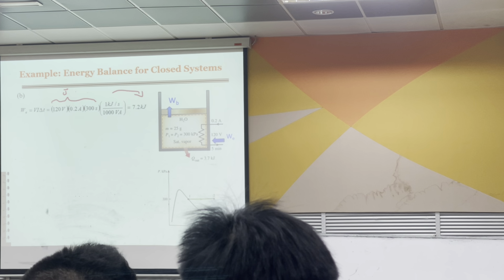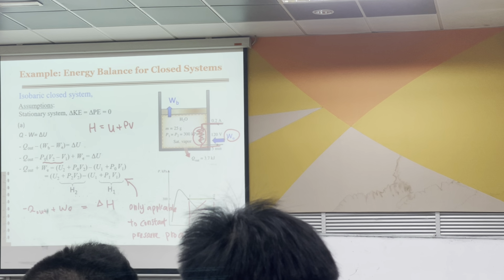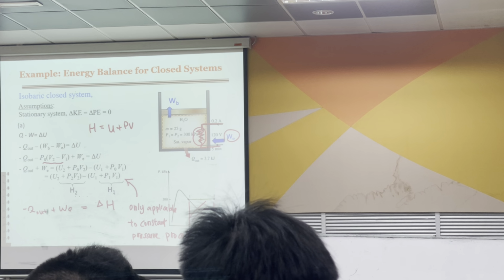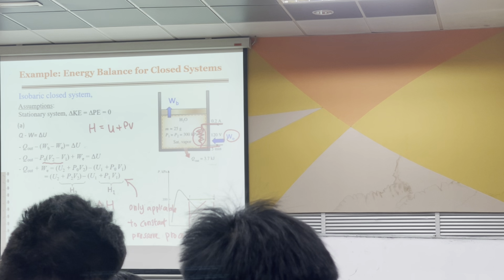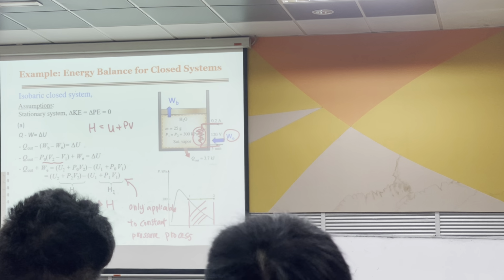Basically what we are trying to do here is find all the information to fit into this equation in order to find the final temperature. Maybe the method here is not so straightforward.